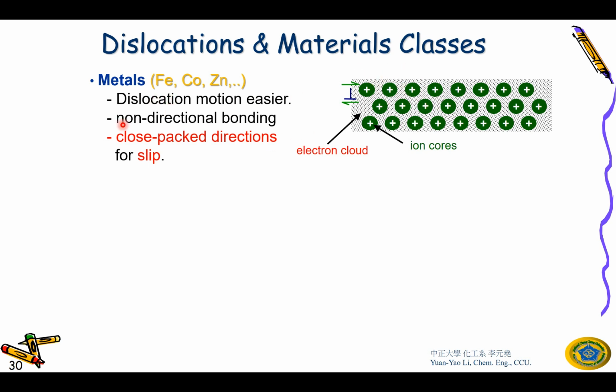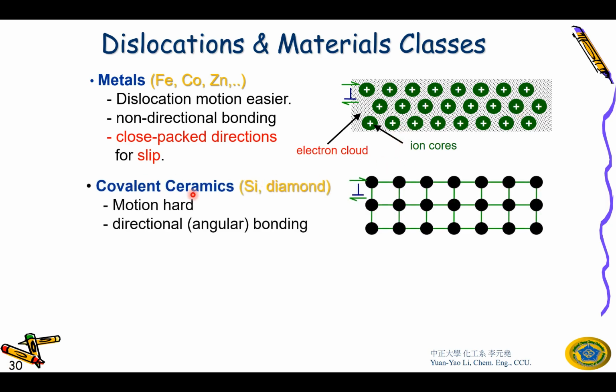The bonding is non-directional, because in metals the atoms can form bonds in any direction. So there are close-packed directions for the slip. You have a close-packed plane, and slip goes through the parallel close-packed planes.